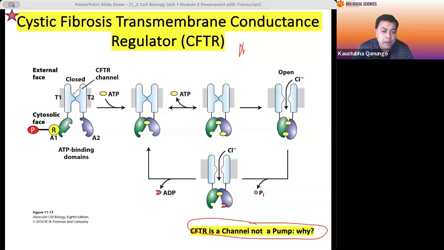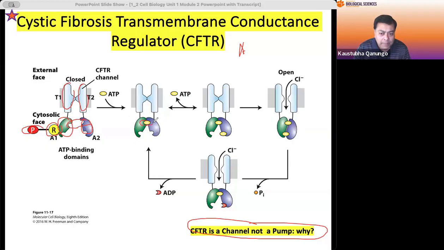So the ABC pump has two domains. You have a transmembrane domain 1, transmembrane domain 2. Then you have an ATP binding domain 1, ATP binding domain 2. You have a regulatory domain, which is phosphorylated or non-phosphorylated. When this regulatory domain gets a signal, and we will learn how the signal transduction happens in a later part, that phosphorylation of the regulatory domain allows an ATP to bind to one of the sites.